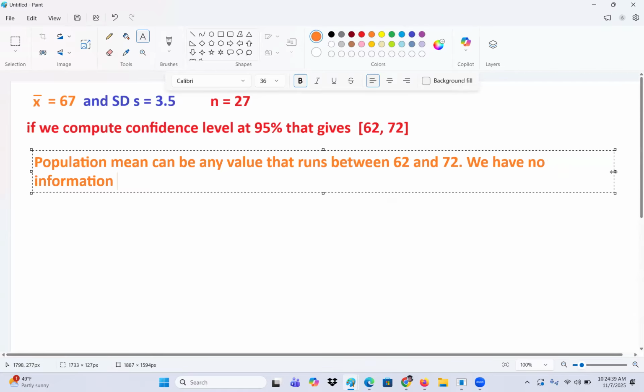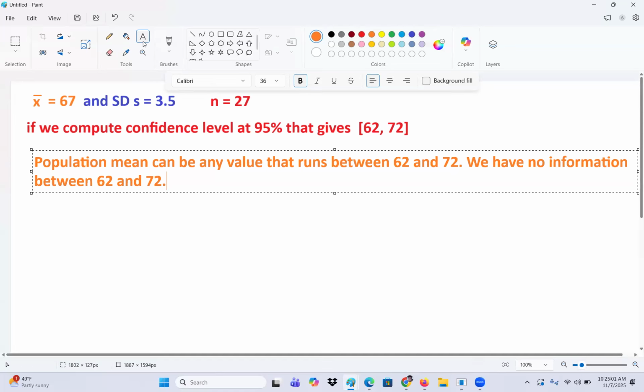We have no information if the average was between 62 and 72. So it can be any value. It can be 63, 64, 65, 66, 67, 68, 69, 70, 71, and 72, right? So we have no kind of information.